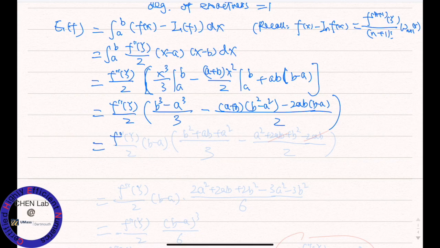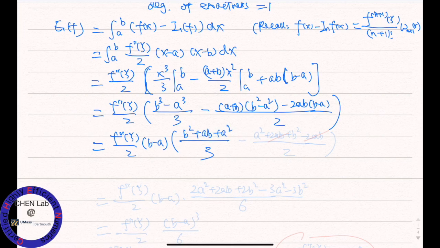So what's this? This f double prime c over 2, we have (b cubed minus a cubed) over 3. We can actually factor out the b minus a. If we factor out b minus a, what do we get? For the first term we have 3 and the factor of b cubed minus a cubed, so it's b squared plus ab plus a squared.